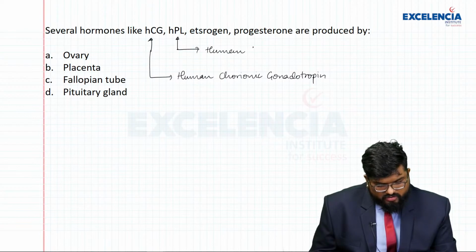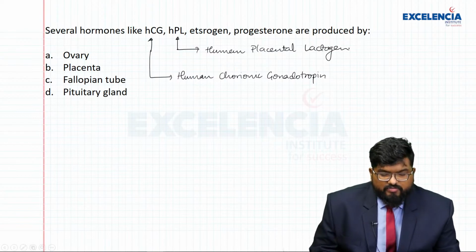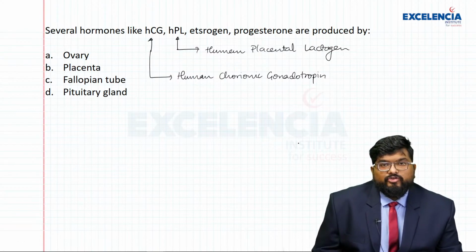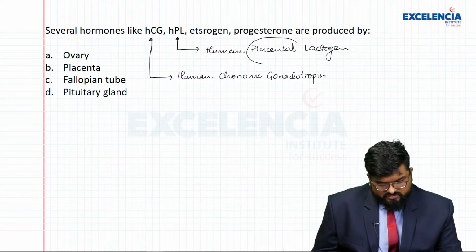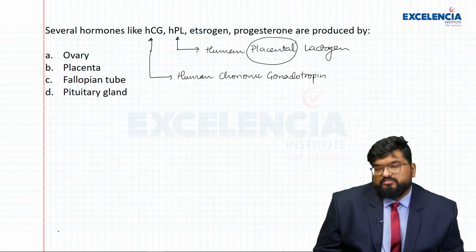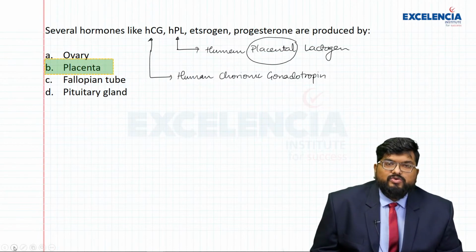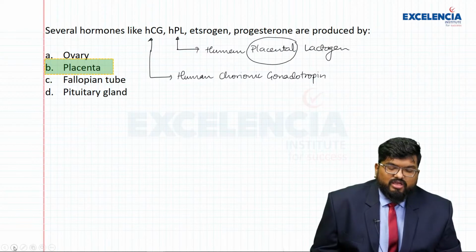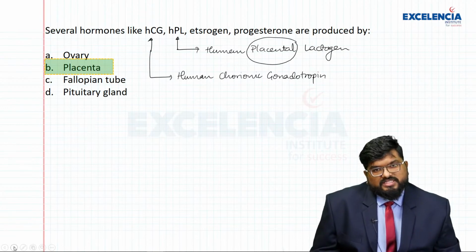Human placental lactogen. Yeah, what is it called? It's called human placental lactogen. So what comes over here? Placenta, right? So hormones like HCG, human placental lactogen, estrogen, progesterone are secreted by the placenta.